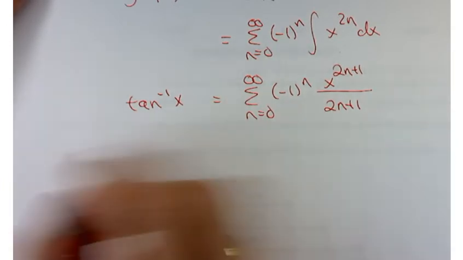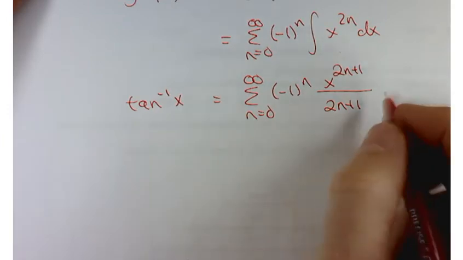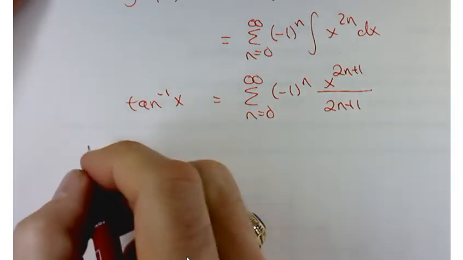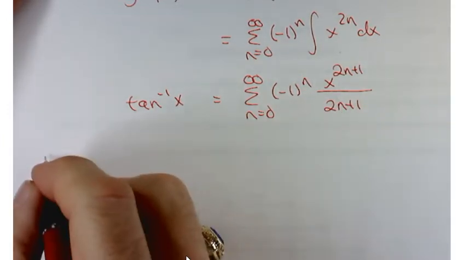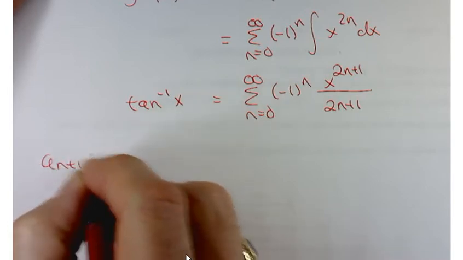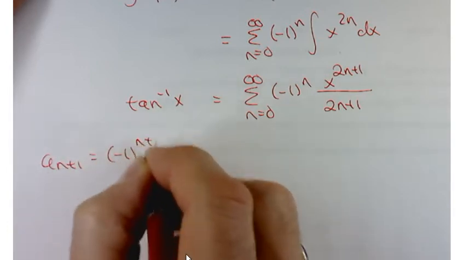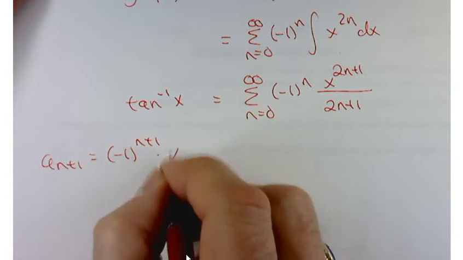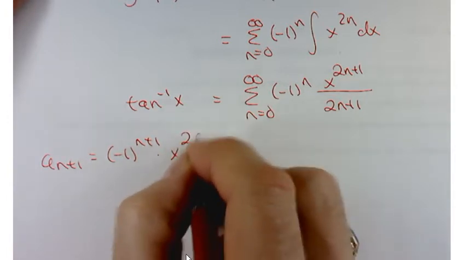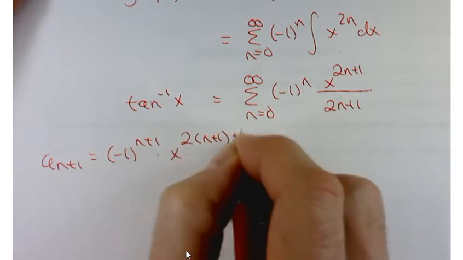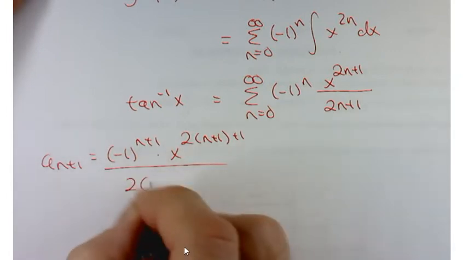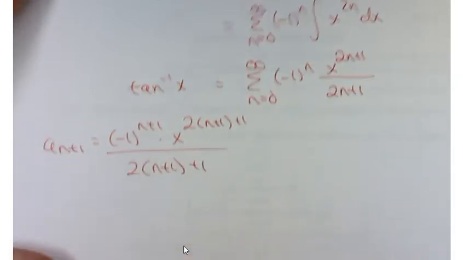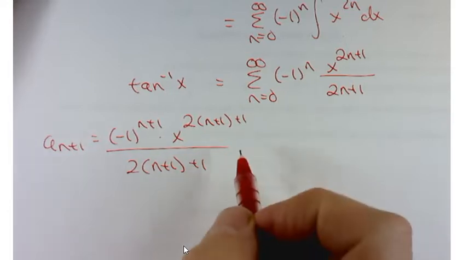So let's see. A sub n plus 1 is going to be negative 1 to the n plus 1 times x to the 2 times n plus 1, over 2 times n plus 1 again. You've got to be careful here. We've seen this exact one earlier today.